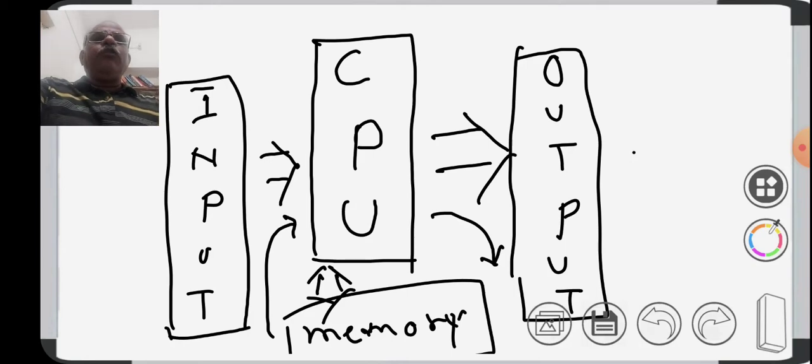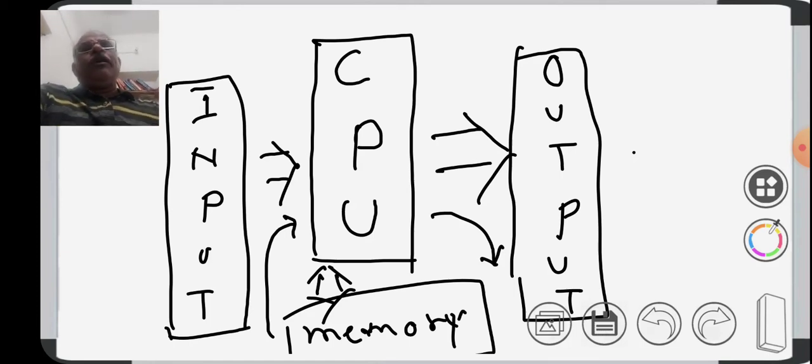The flow of data is from the input device to the central processing unit. The bus connecting the central processing unit and the output device is also unidirectional, so the flow of data is only from the central processing unit to the output device.